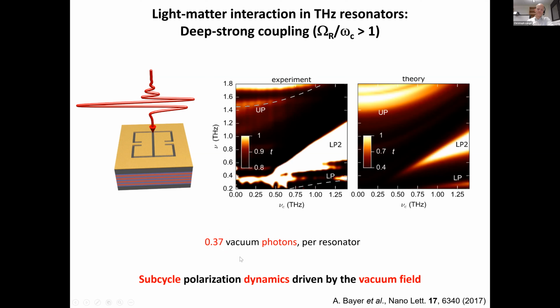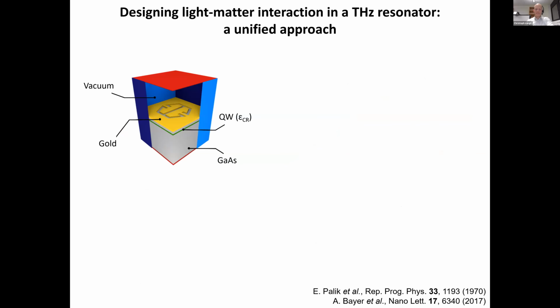So here it's even subcycle polarization dynamics driven by the vacuum field, and I'll also get back to this later in more detail. The general approach to designing the light-matter interaction in these structures is to fully control the near fields in frequency and also in space on this subwavelength scale.